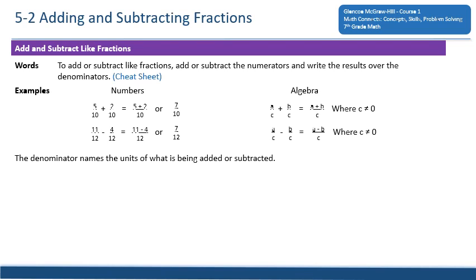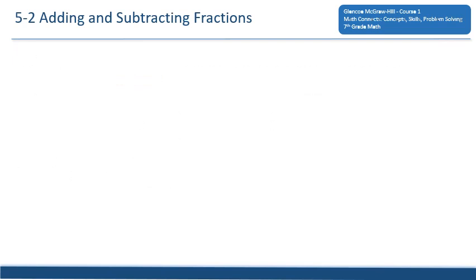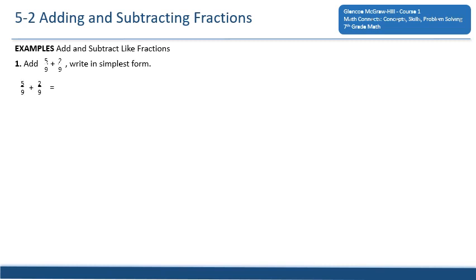The denominator names the units of what is being added or subtracted. For example, 1/5 plus 3/5 equals 4/5. Add 5/9 plus 2/9 and write in the simplest form. So we have 5/9 plus 2/9 equals 5 plus 2 over 9.